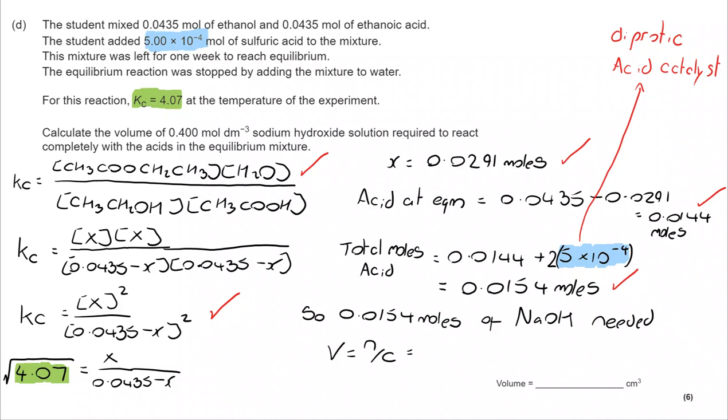I know that it's a 1-to-1 ratio because I know my number of H+ ions and my NaOH, each sodium hydroxide will yield 1 OH minus. It's monobasic. So if I know my number of moles of sodium hydroxide, 0.0154, and I know my concentration, 0.4, which is all the way up here, I can work out my volume, which I'm going to have to remember is in decimeters cubed, so I multiply it by 1,000, giving me a final answer of 38.5.